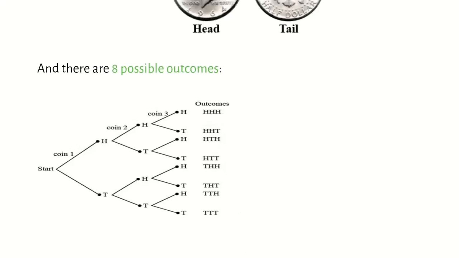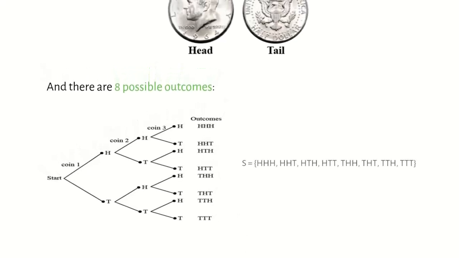So for this kind of experiment, what is the sample space? We define the sample space as the set of all these 8 possible outcomes. If we remember how we write a set in mathematics, it will be written this way.